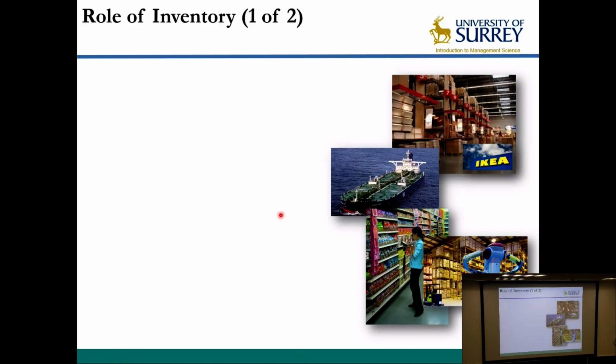So if we're talking about inventories, the first picture you might think about is going to IKEA, I don't know which pronunciation is correct. This is a warehouse. If you go to IKEA, you will see huge inventories stored there.